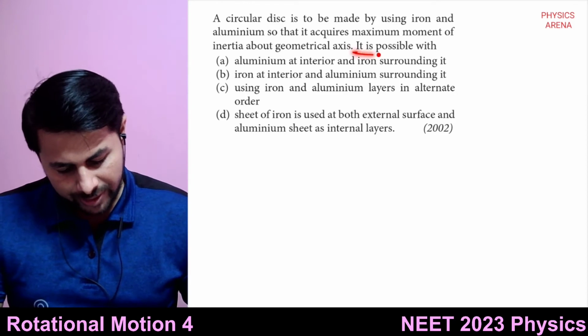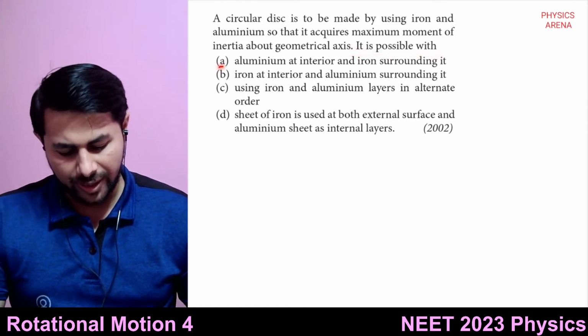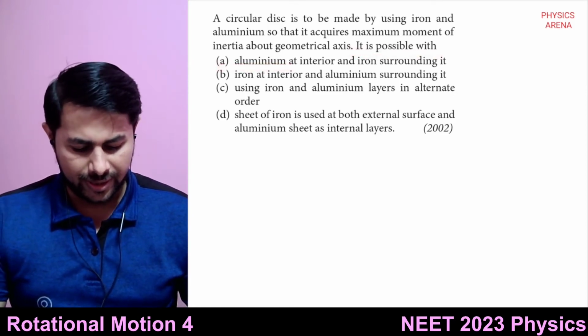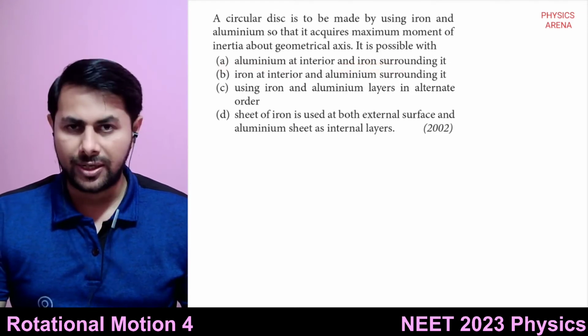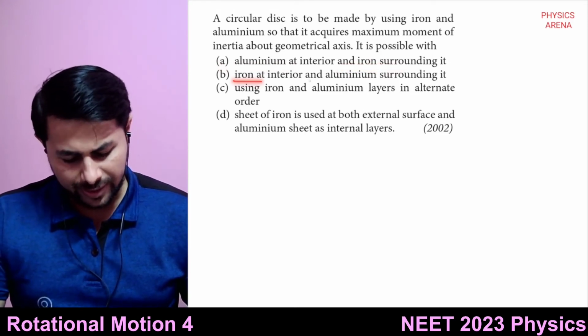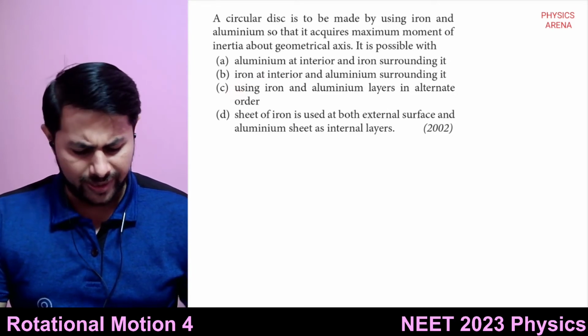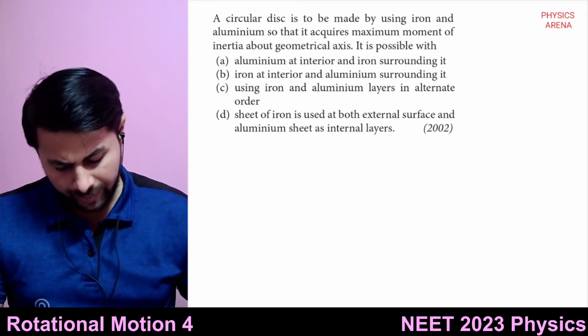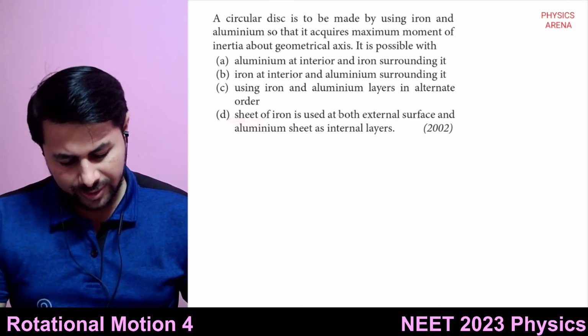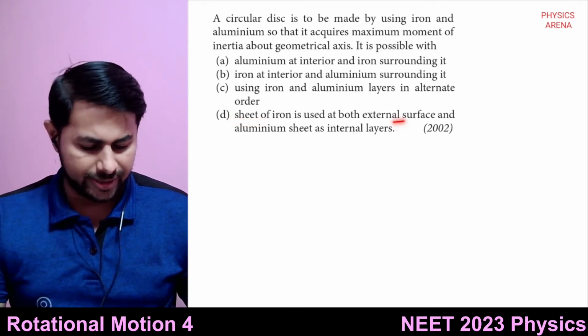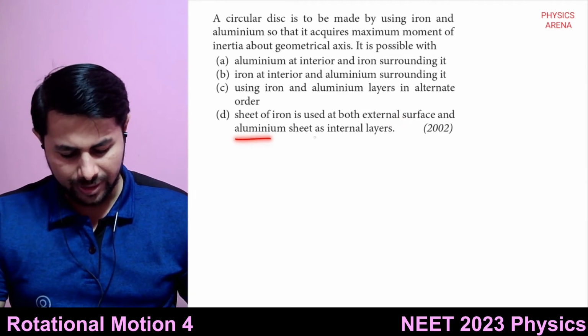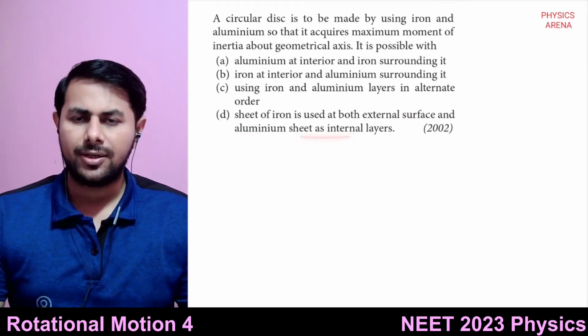It is possible with option A, aluminium at the interior and iron surrounding it; iron at the interior and aluminium surrounding it; using iron and aluminium layers in alternate order; and a sheet of iron used at the external surface and aluminium sheet at internal layers.